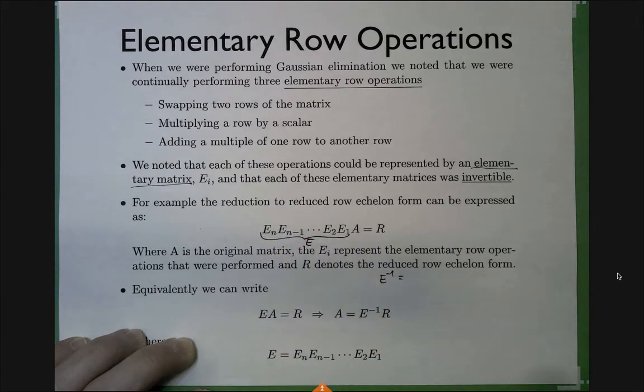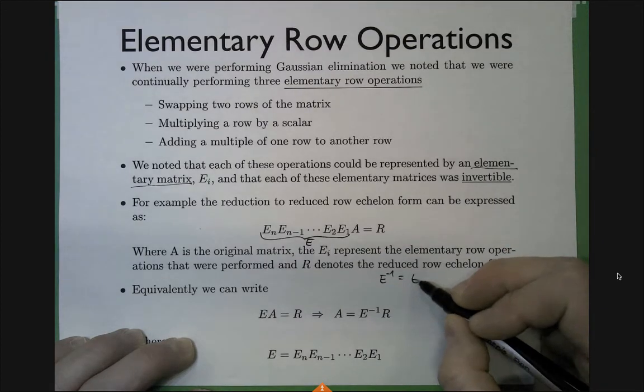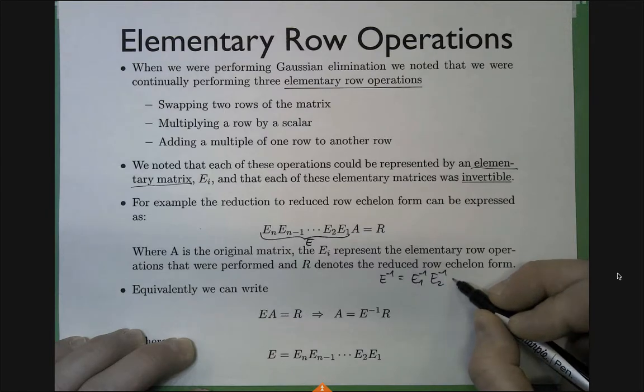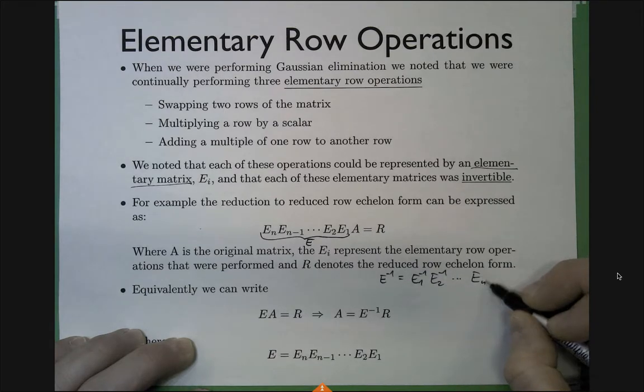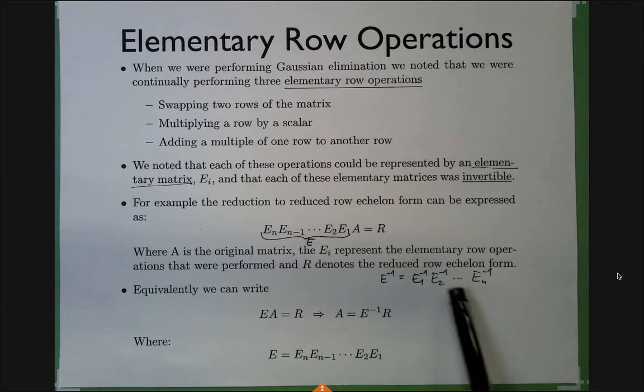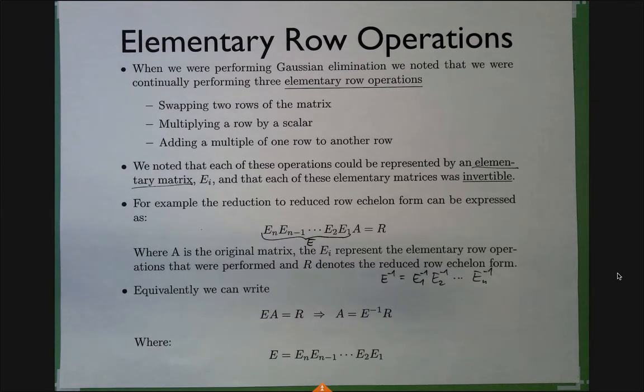So to invert the product, I just invert the order of the inverted matrices, En inverse, and so on, right? So that means I can concisely write it like this, that EA equals R, so the original matrix I can recover by doing this inversion of all the elementary row transformations. And the E is just multiplying them all together, okay?